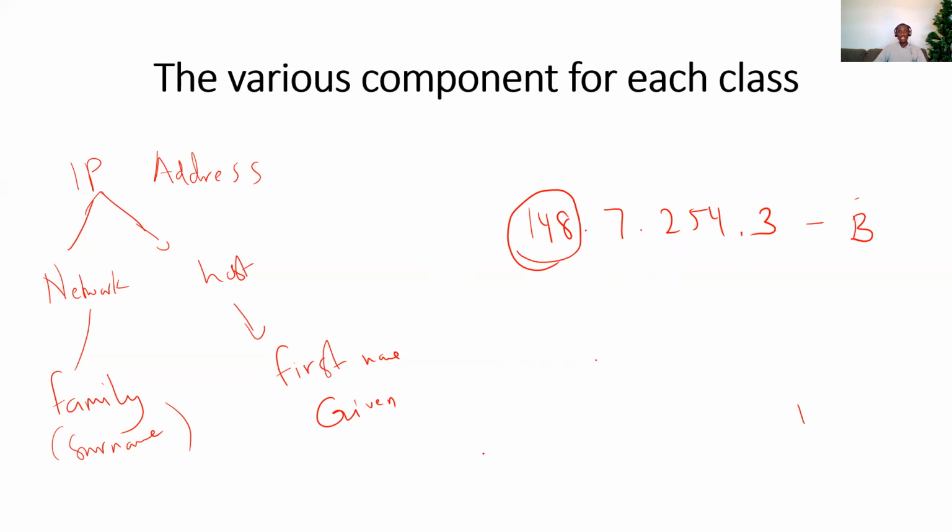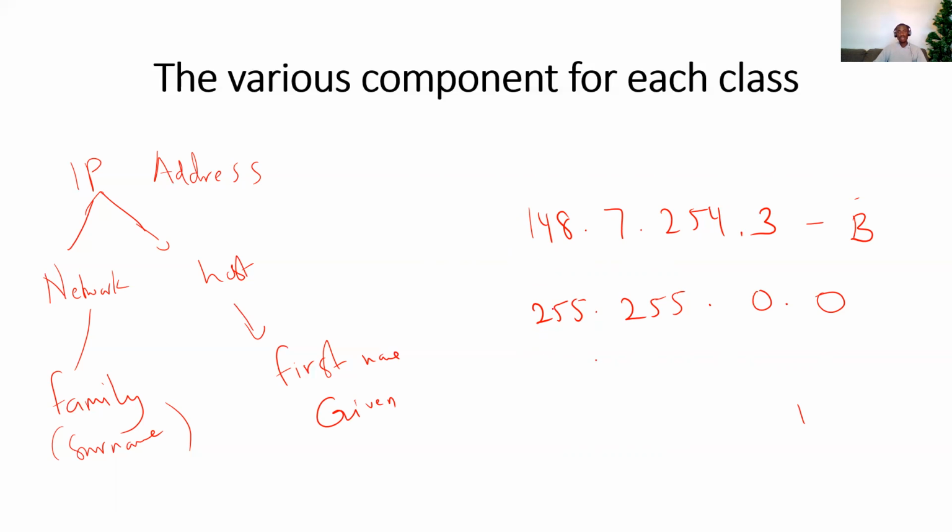And we mentioned that for class B addresses, our subnet mask will be 255.255.0.0. Now, we said the subnet mask will give you an indication of what the network part is. And I also mentioned that the 255 will tell you that that particular portion of the IP address is part of your network, or it's a network part.